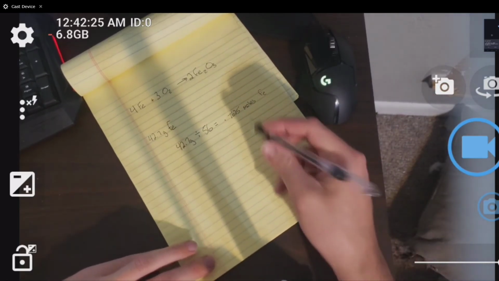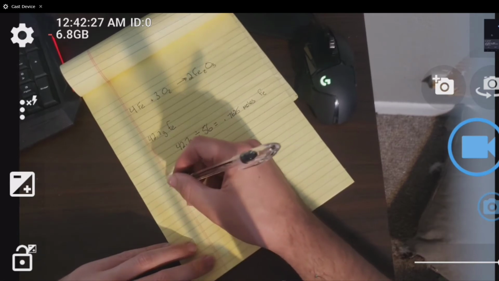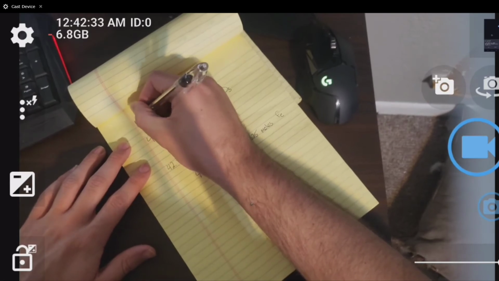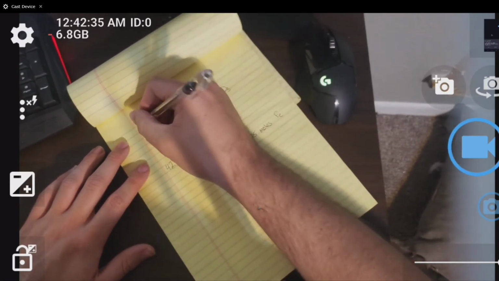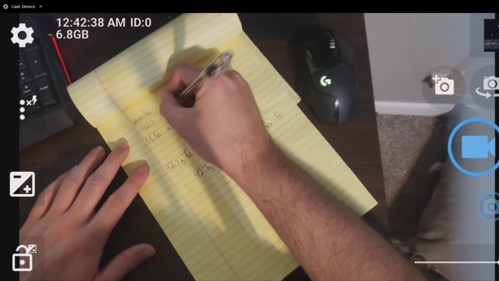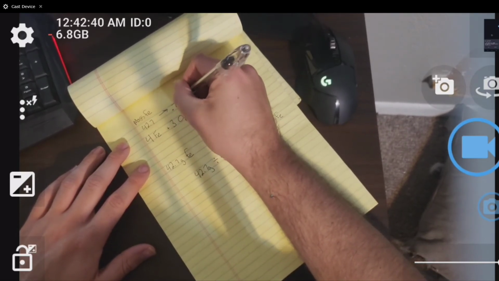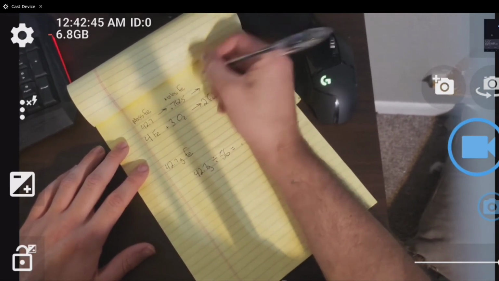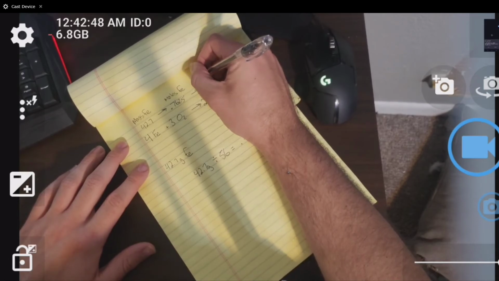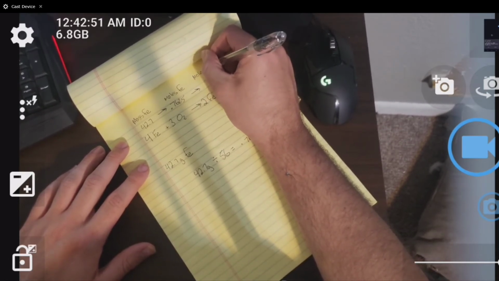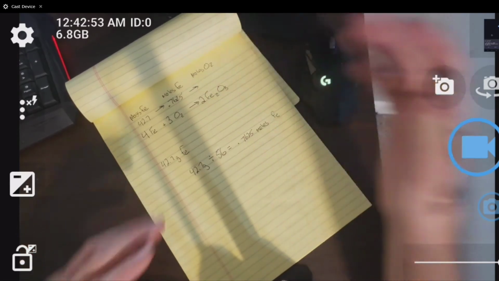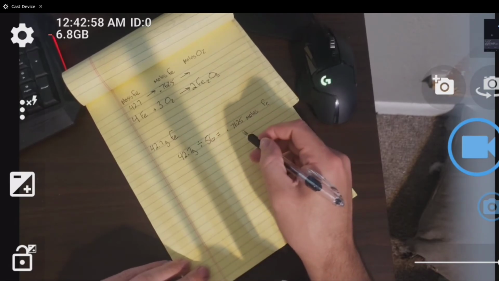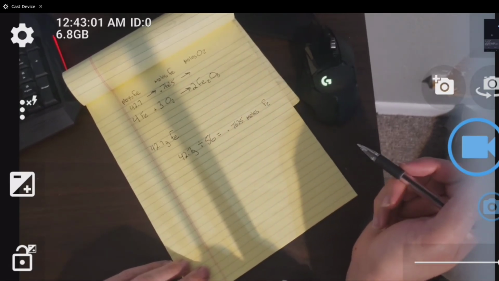Okay. So we've gone from mass of iron, which was 42.7, and we converted that to the moles of iron. Our next step is to convert that to the moles of O2, because that's what we're looking for as our answer. All right, and so this is the step where we use the ratio.